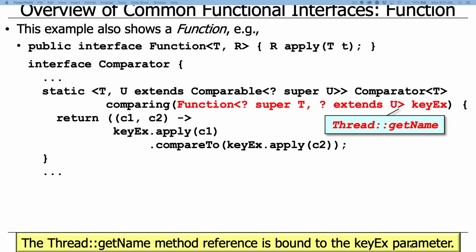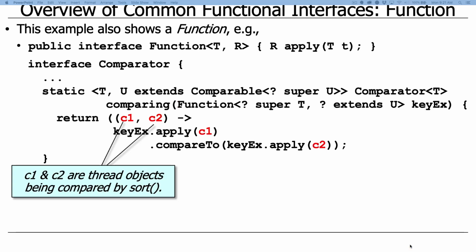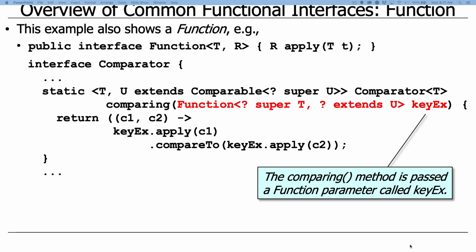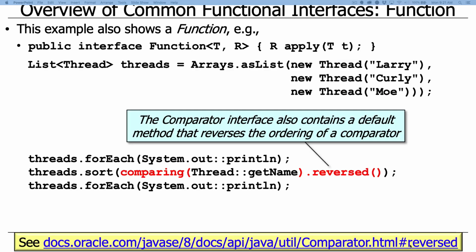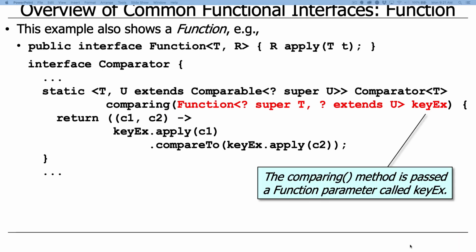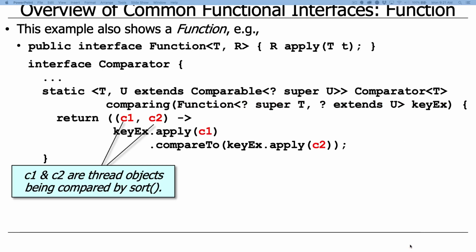And then here's how this thing actually gets used in the code. If you take a look, comparing says return c1, c2, and c1, c2 in this context are the thread objects being compared by sort. Remember, if you step back a second, we've got basically a list of thread objects. So that's what's going to be compared. But we want to compare them based on the names of the threads.